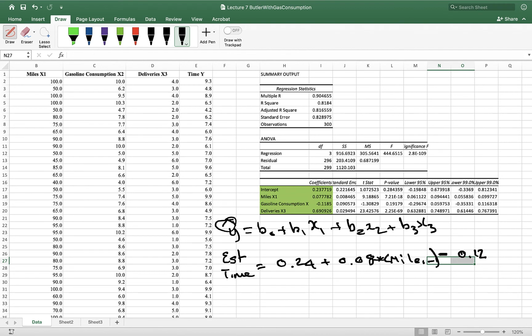I'm only doing it to 2 decimal places to save some time. That's times the gasoline consumption. And then we're going to add in the third one, which is 0.69, multiplied by the number of deliveries. And that's what your model is. That's how you can work out the estimated time. So if somebody comes along and says somebody drove 50 miles, used so much gasoline, and made 7 deliveries, then you can calculate the estimated time for them to complete their assignment.